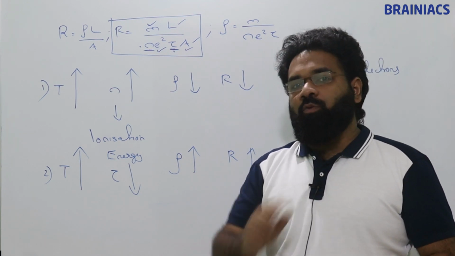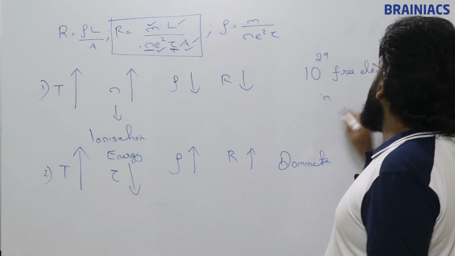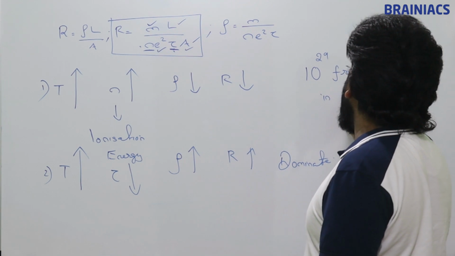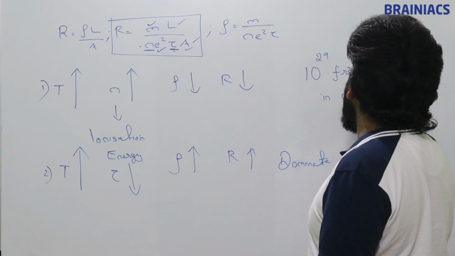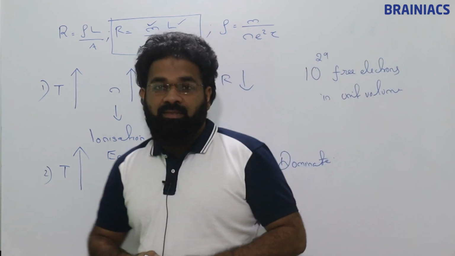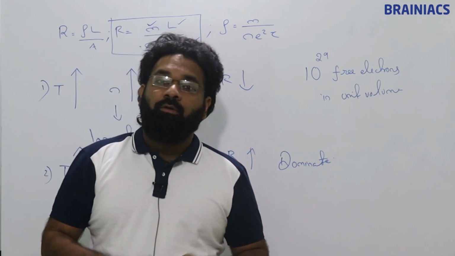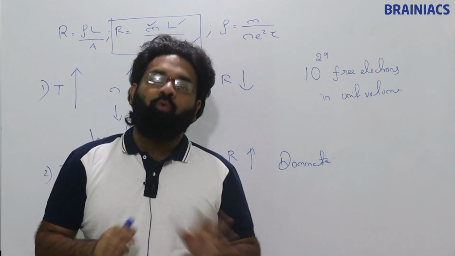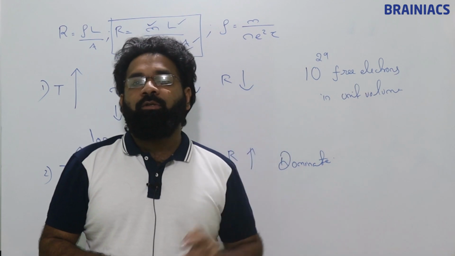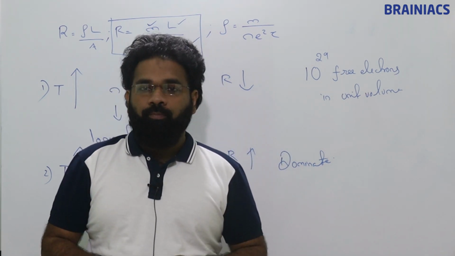In a unit volume, that is 1 meter cube volume, 10 raised to 29 free electrons are there. So in metals or in conductors, already the number of free electrons is too high.